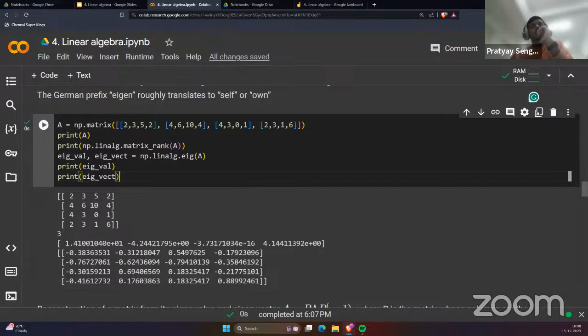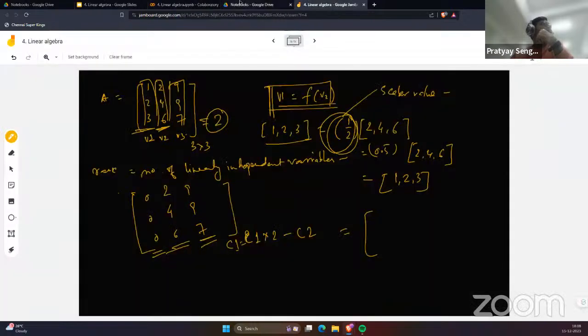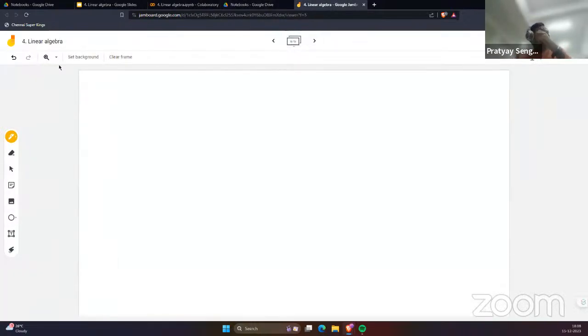So these are the eigenvalues and eigenvectors we had. Let's understand this with something basic, how you get that, since this may look complicated. Let's try with some simple examples.